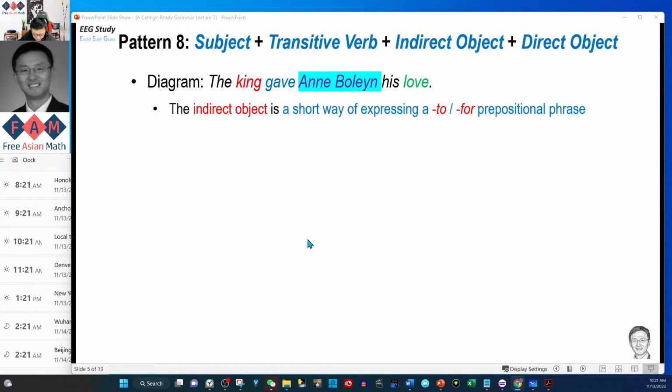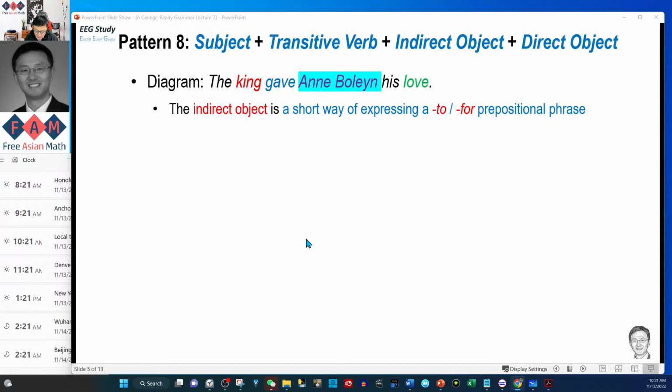Well, we have to base it on what we have already done with the prepositional phrase. Logically, this is just a shortcut to what we saw earlier with that prepositional phrase, which is to or for a prepositional phrase. Just think of this sentence as a shortened, speedier way of saying the same thing.